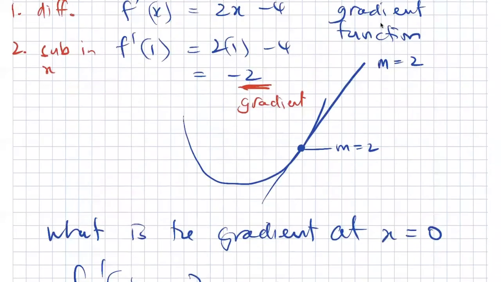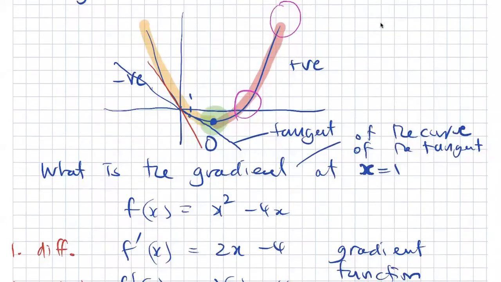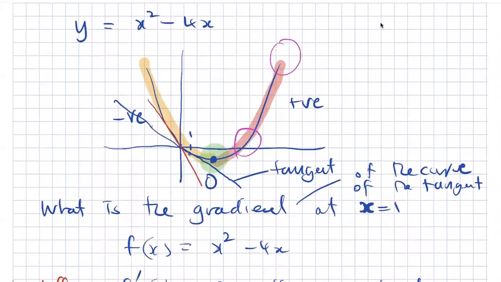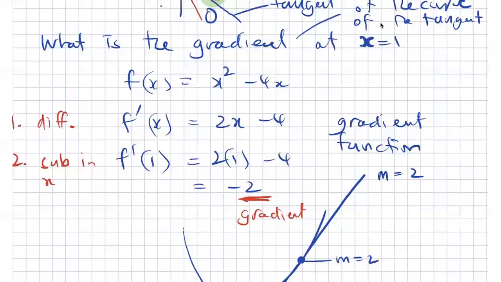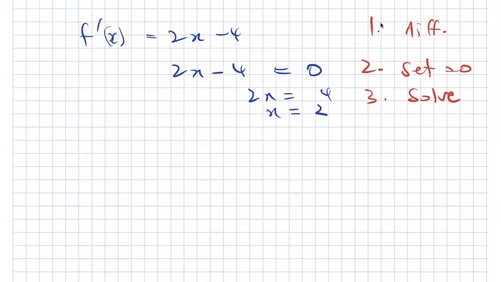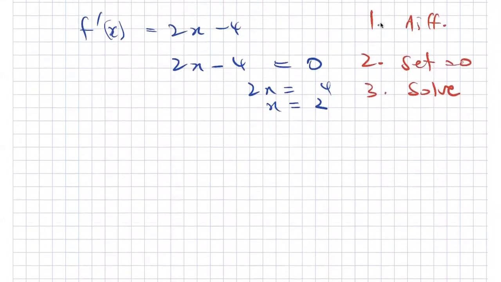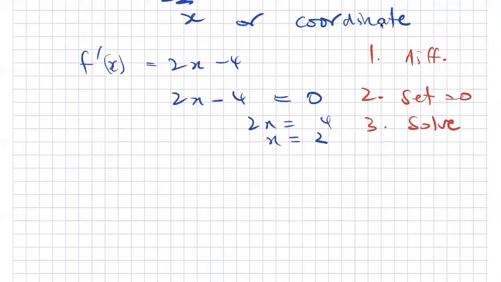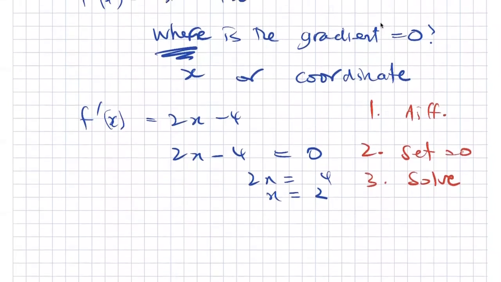Now, if I also want the y-coordinate, we've got to be careful because we need to go back to the original function, this thing over here, x squared minus 4x. In other words, what's the y value at that point? We've determined that x is 2, but what's the y value there? Well, to do that, we need to substitute x equals 2 back into the original function.